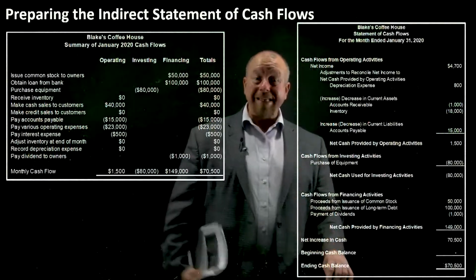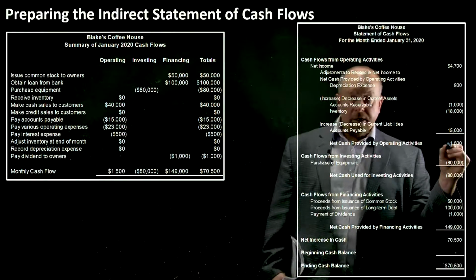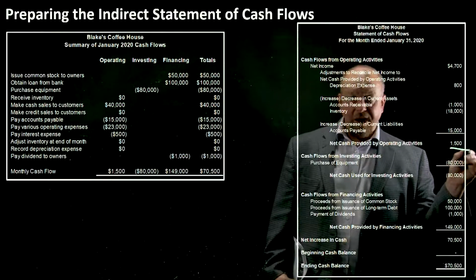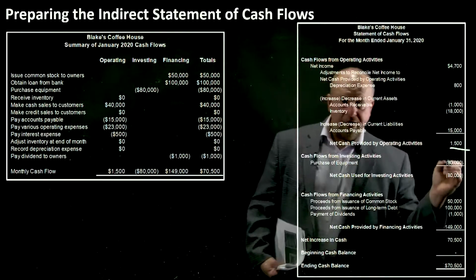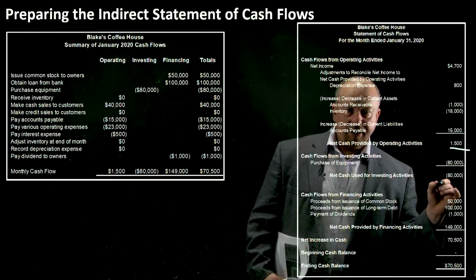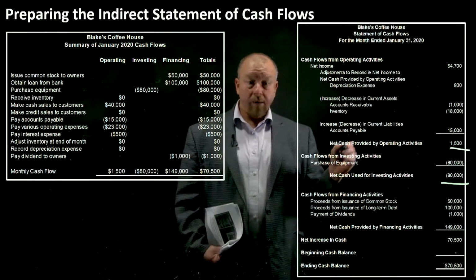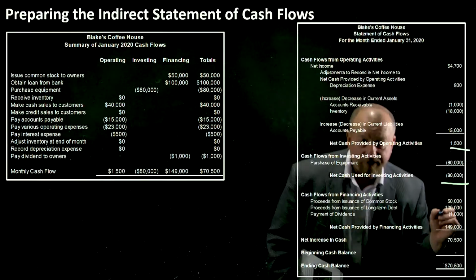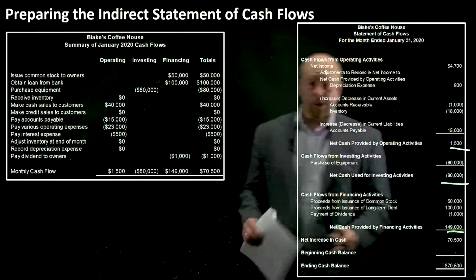Now it's time to bring the three sections together. Notice that our operating activities, cash provided by operations of $1,500, and then over here we had our investing activities. That sucked $80,000 out of our organization. But then down here, financing activities, that contributed $149,000 to our organization.